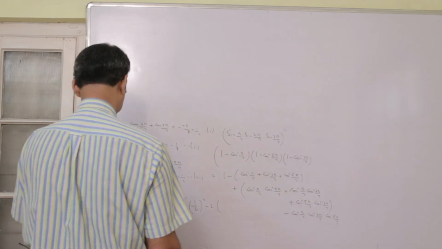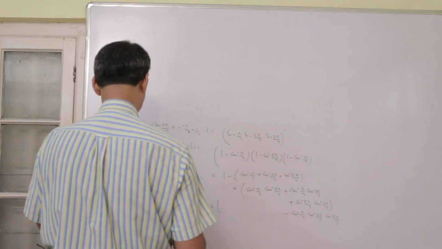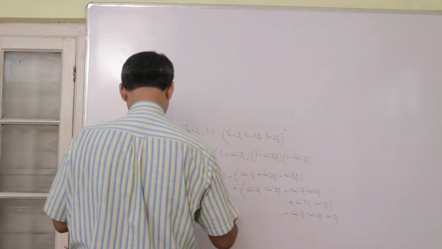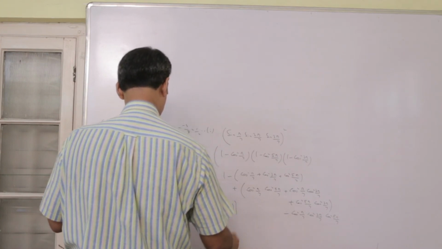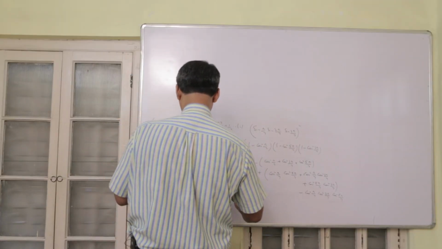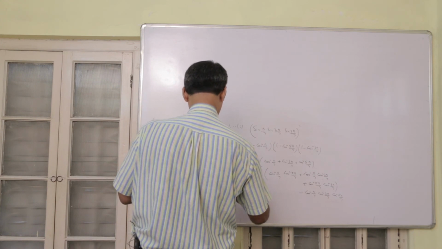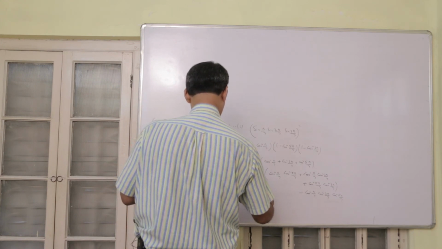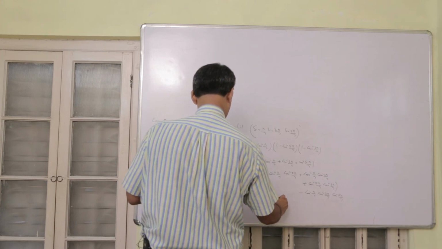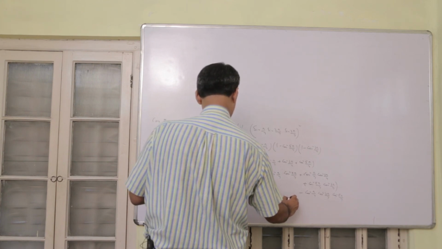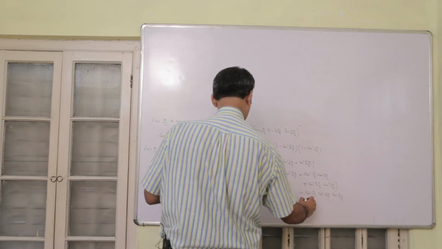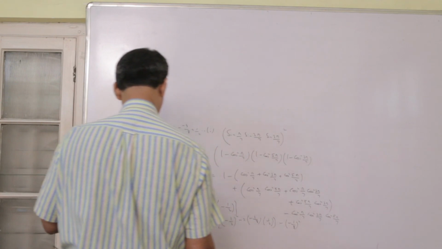into minus half, and this term which is inside the bracket can be written as minus half whole square minus 2 into minus 1 by 8 into half, and the term which is at the extreme can be written as minus 1 by 8 whole square.